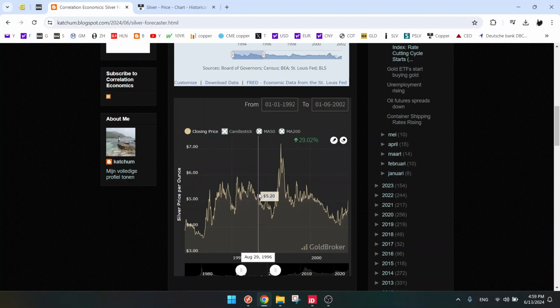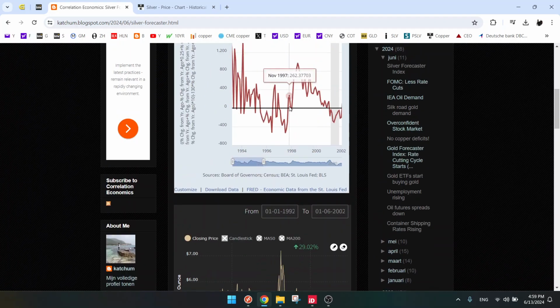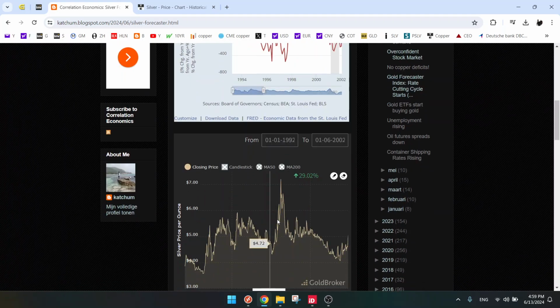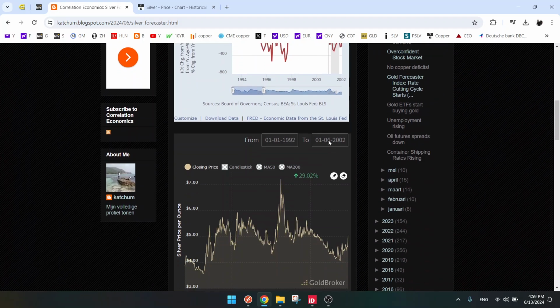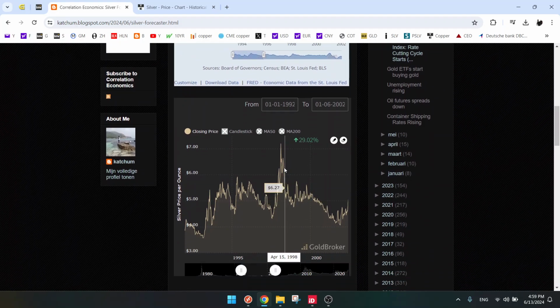As you can see here, 1997 was very bad for silver, went down. Then in 1998 we had a spike. Yes, so here we got the spike. So that corresponds with this. And then a slow drop until 2000. And that's this slow drop until 2000.